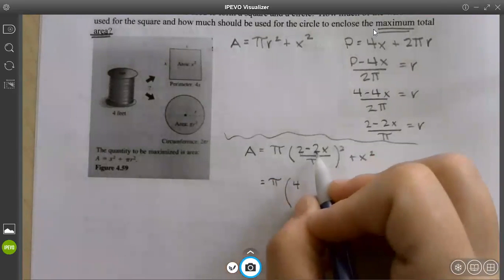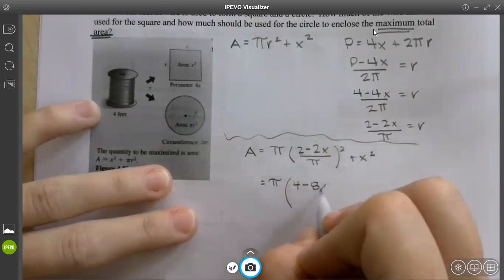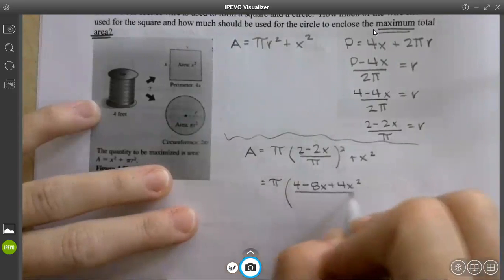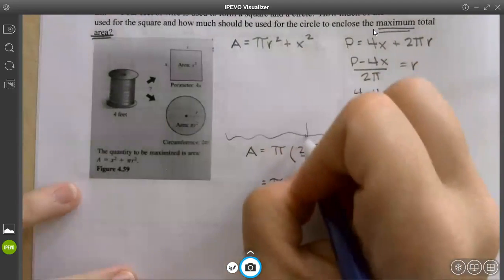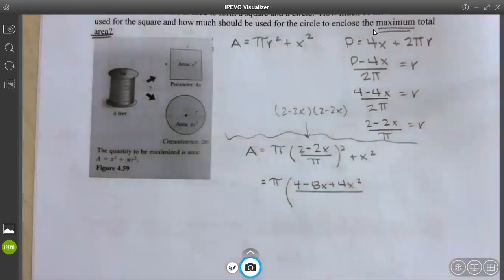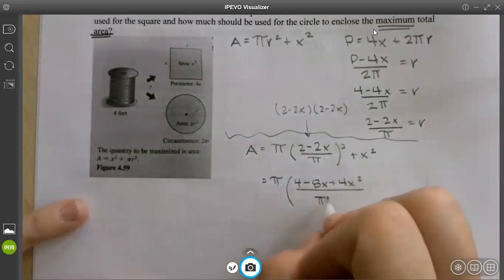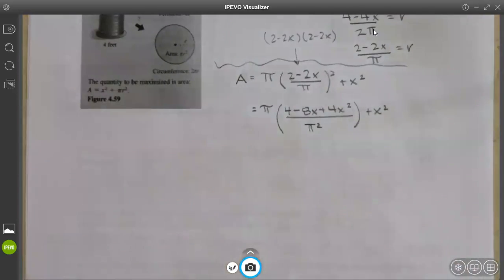Multiply them together and then multiply by 2. 2 times -2 is -4 times 2 is -8. And then a positive 4x squared. Again, for this, 2 minus 2x, 2 minus 2x. I just put that all down here, combined up. And then on the bottom, you would have pi squared plus x squared.